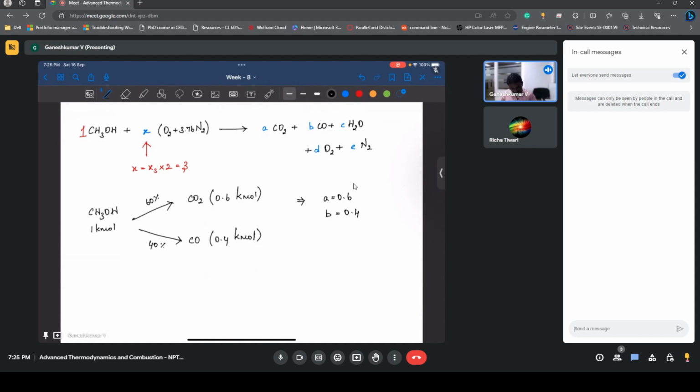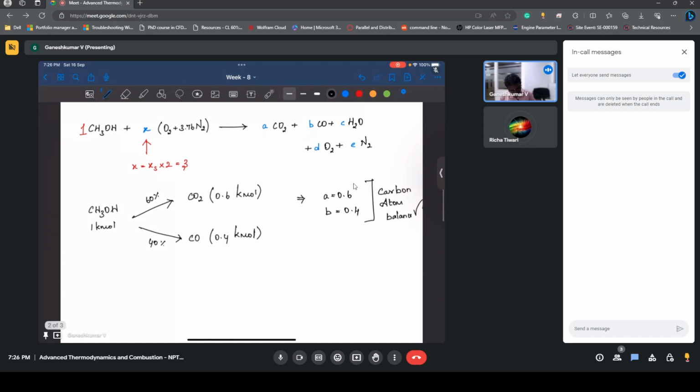So basically what we did is we already did the carbon balance in this setup. We used the carbon atom balance in addition to whatever is given in the question. We have three more atom balances to do, with hydrogen and oxygen, and we have C, D, and E as unknowns. That could be easily done, right?